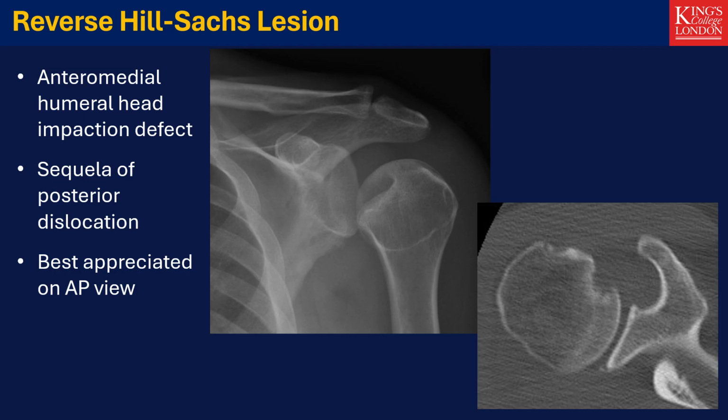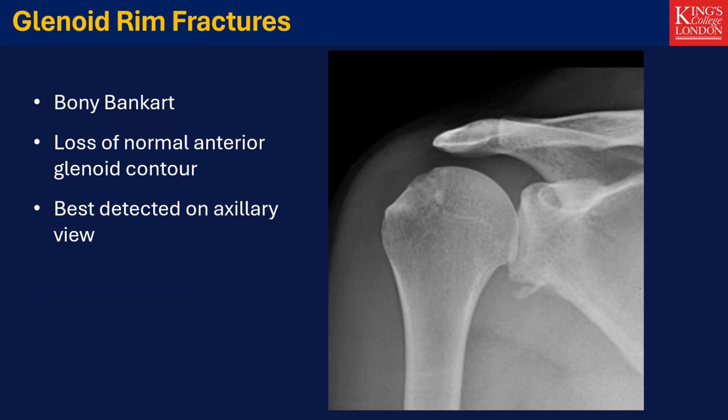As with the classic Hill-Sachs lesion, defect size influences management. A fracture of the anterior glenoid rim, a bony Bankart lesion, is a key instability-associated injury. It represents osseous avulsion at the anteroinferior glenoid following anterior dislocation.